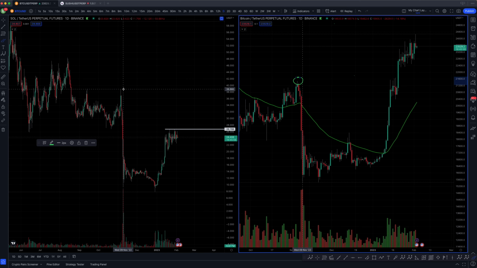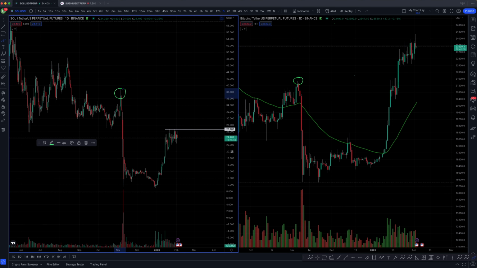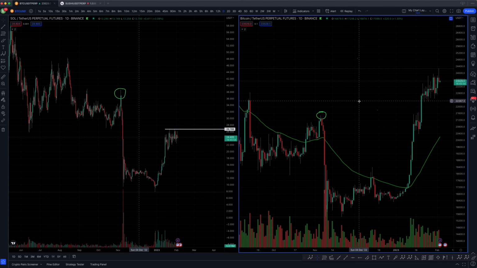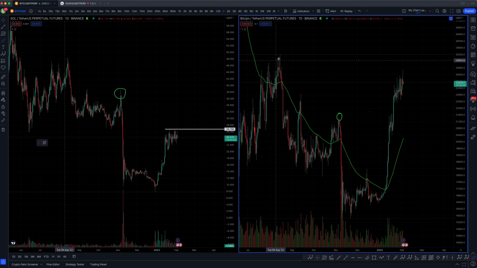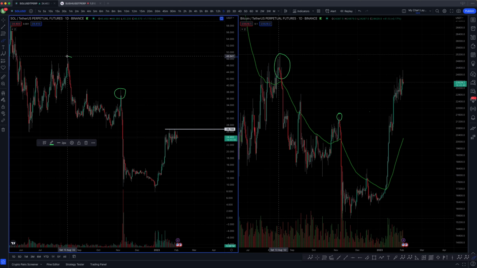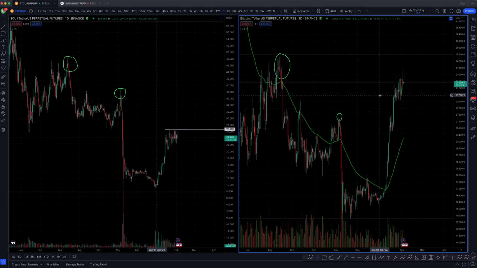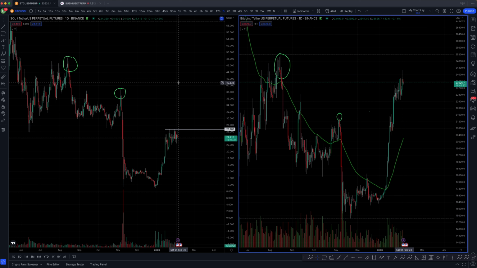For Solana, it's this area, right? Bitcoin is almost nearing this top, and for Solana this top is here. Makes sense? So that means Bitcoin is ahead of Solana.